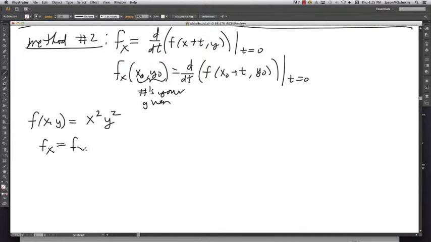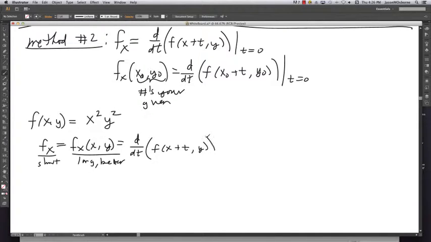Your answer should come out to be a function of those two variables, x and y. Remember, this is shorthand, and this is more the long and probably better notation, but it's sometimes long to write. So we know that that's going to be the derivative with respect to t of the function evaluated at x plus t, comma y, evaluated at t equals 0.